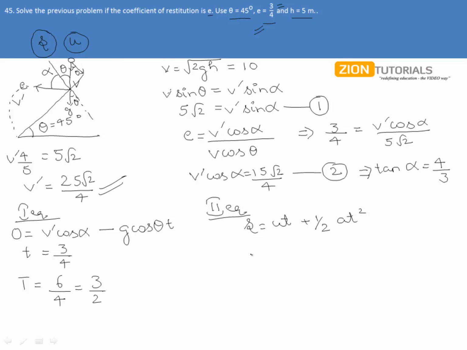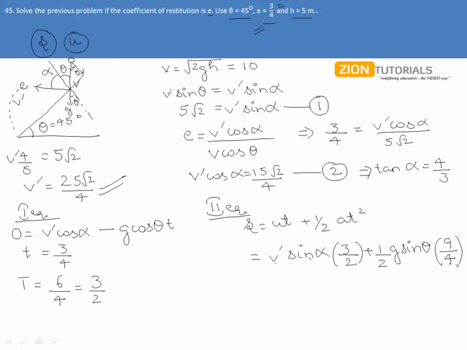Now we need to find S. U is, since we are employing it along the plane, V dash sine alpha, and the time is 3/2, because of the time of flight, plus half acceleration, which is g sine theta, and t square, which comes out to be 9/4.